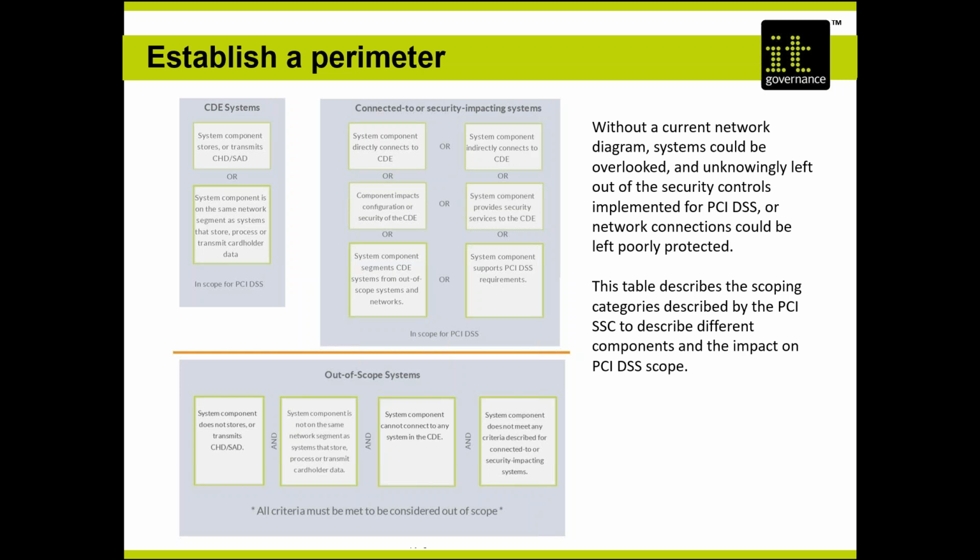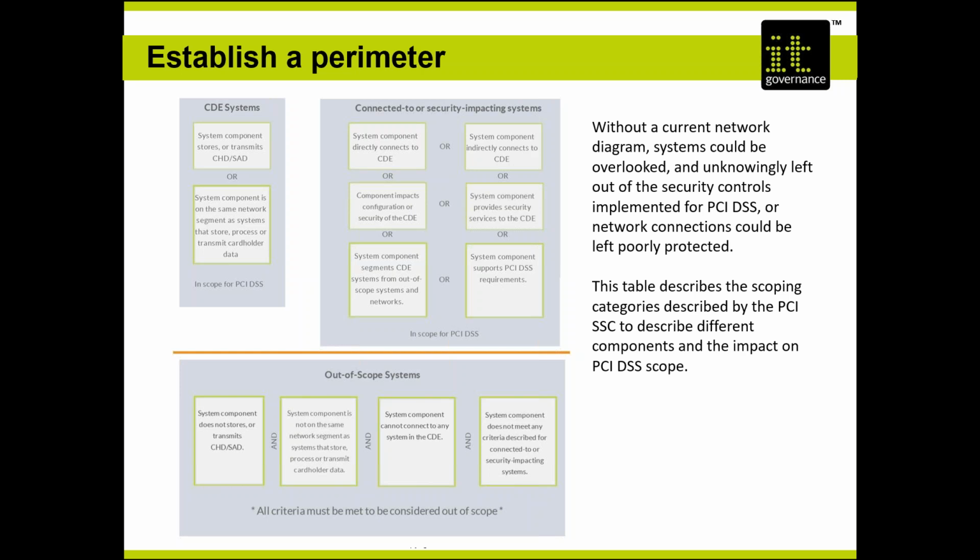So after you've identified the direct and indirect technology and process and people that come into contact with that data, you can therefore define the security perimeter. And you're going to end up with 3 groups. Systems in the CDE, which store, process, or transmit cardholder data. Systems that are connected to or touch that environment, whilst they don't necessarily have cardholder data moving through them, they could impact it.